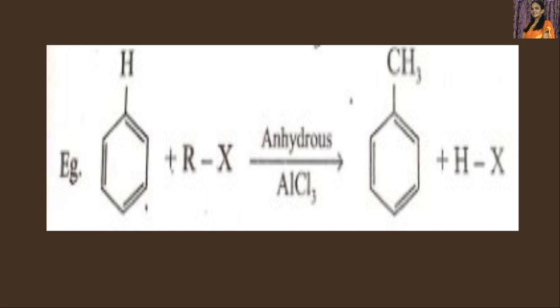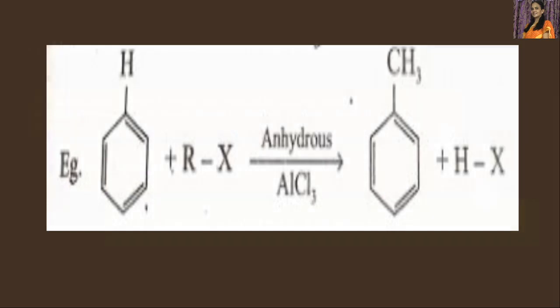These are the three steps involved in the electrophilic substitution reaction. So the electrophilic substitution reaction is the reaction in which one electrophile is replaced by another electrophile. The electrophile present in the substrate molecule is replaced by the electrophile present in the reagent molecule. Then the substituted product is obtained.